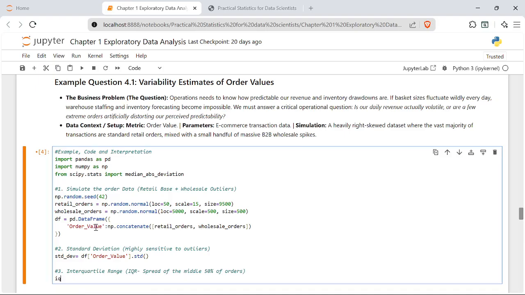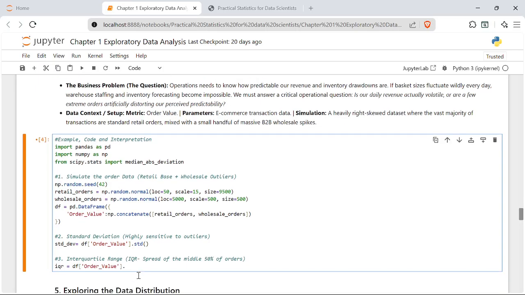IQR equals df order value dot quantile 0.75 minus df order value dot quantile 0.25.